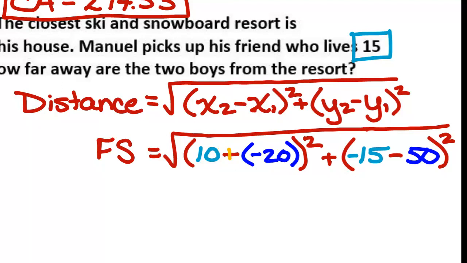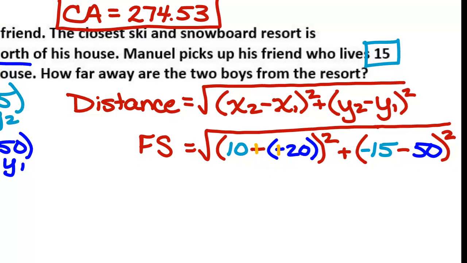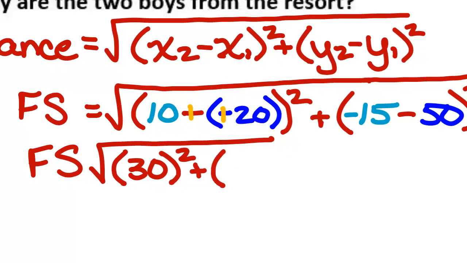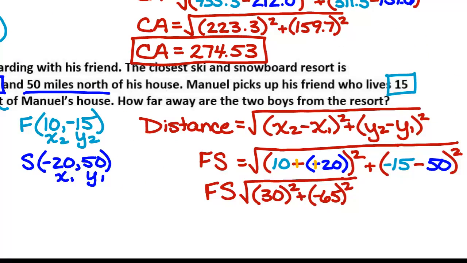It becomes a positive. So I have 10 plus 20, which is 30. So underneath my square root sign, I have 30 squared plus, what's negative 15 minus 50? Negative 65. So 30 squared plus negative 65 squared.